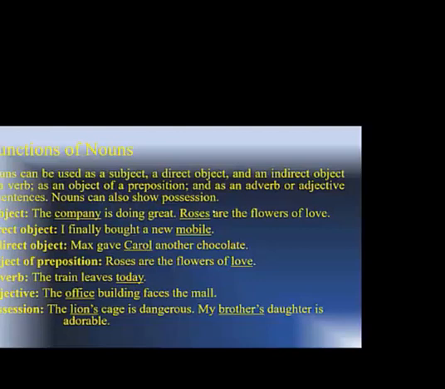Nouns can also show possession. Let's see examples of each case. When the noun is subject: the company, this is a noun, is doing great. Roses are the flowers of love, and so on.